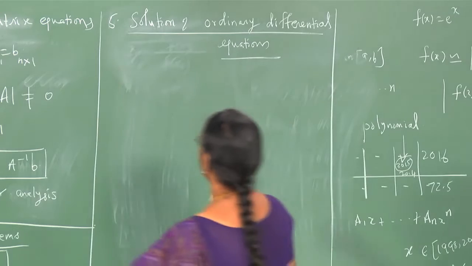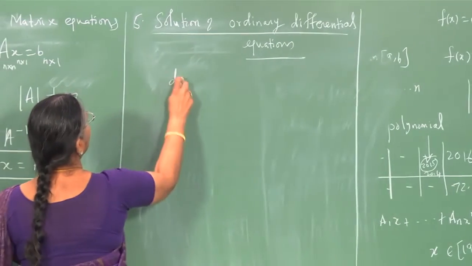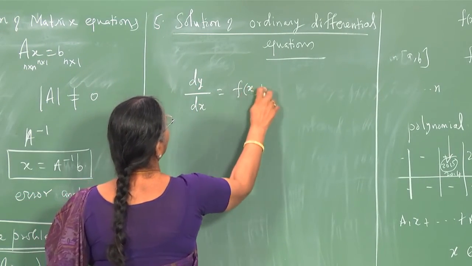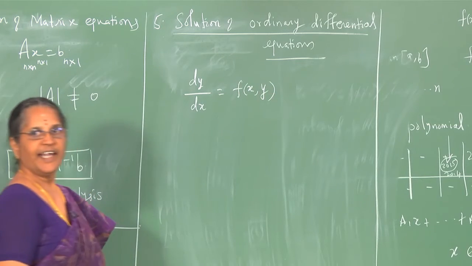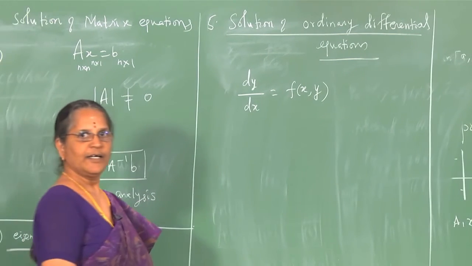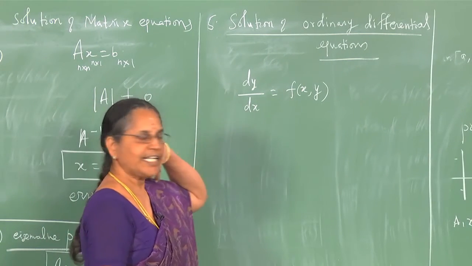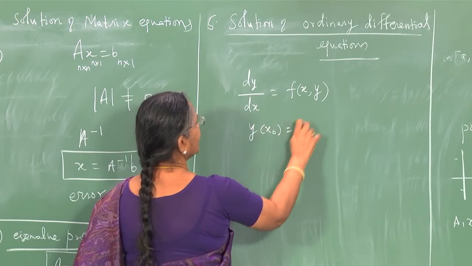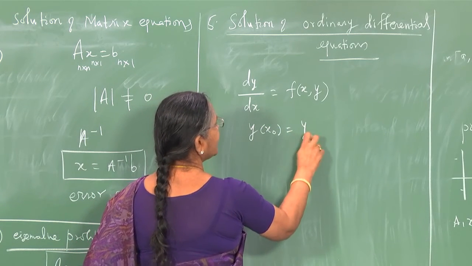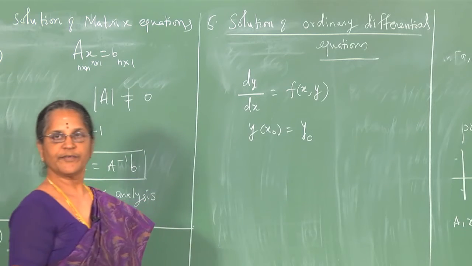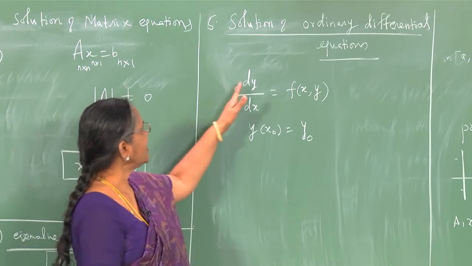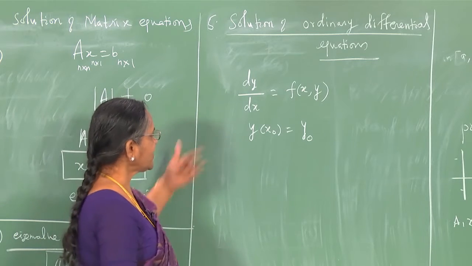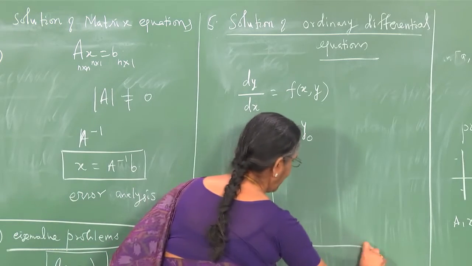See, you would have solved in your school a simple first order equation of the form dy by dx is equal to f of x comma y. What does this differential equation tell you? And you would also have solved this equation subject to the condition that y at x naught is equal to y naught. What does this differential equation represent? So, when you solve this equation, what do you end up with?